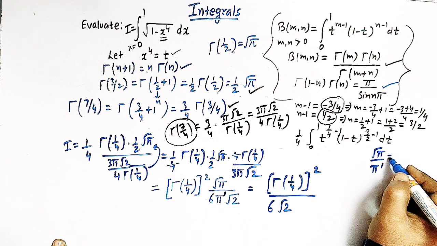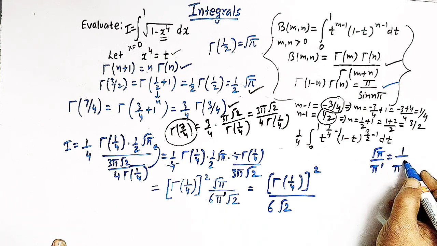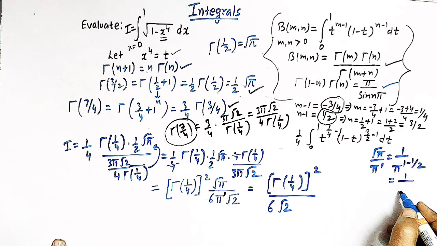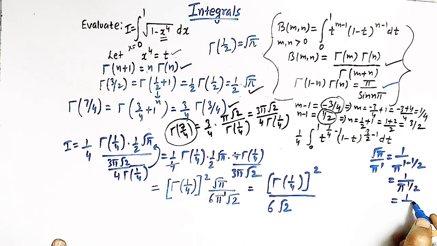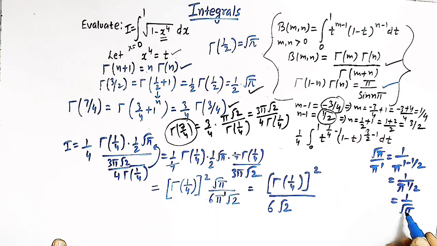And using the laws of exponents, we can now write 1 over pi raised to 1 minus half, right? And this 1 minus half is simply pi raised to half, that is 1 over root pi. So we can now substitute the value of root pi over pi as 1 over root pi.